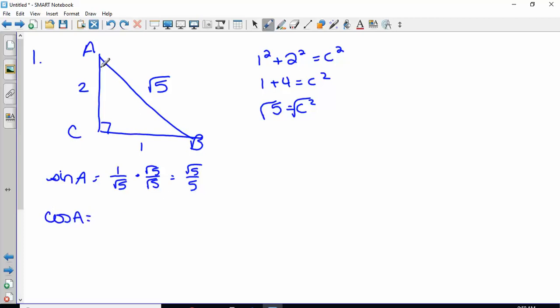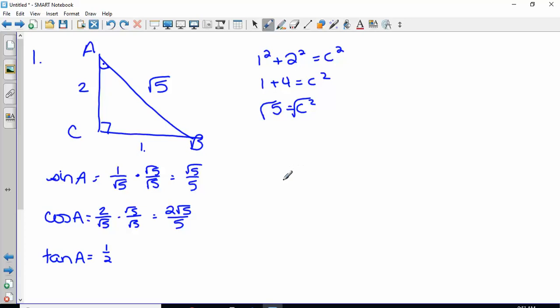Cosine of A. From angle A, cosine is adjacent, so my adjacent side is 2, over hypotenuse, which is radical 5. Get the radical off the bottom. Get 2 radical 5 over 5. Tangent of A. From A, tangent opposite over adjacent is 1/2.